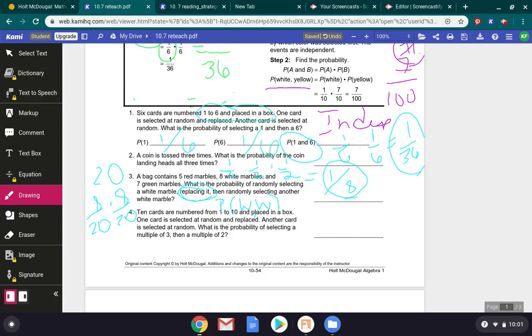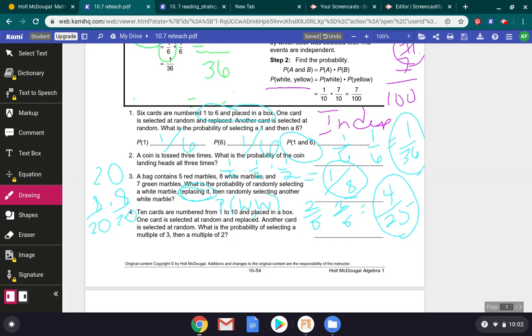So for instance, 8 over 20, divide both top and bottom by 4, and you get 2/5 times 2/5, or we can write that as 4 over 25. Remember, you're multiplying those numbers together. So selecting a white, replacing it, and then selecting a white marble again, that would be a 4 out of 25 chance.